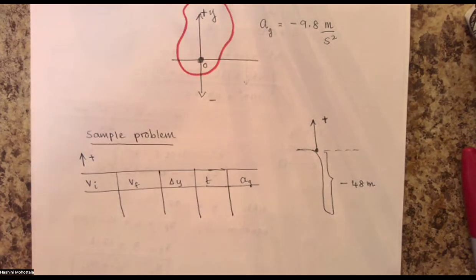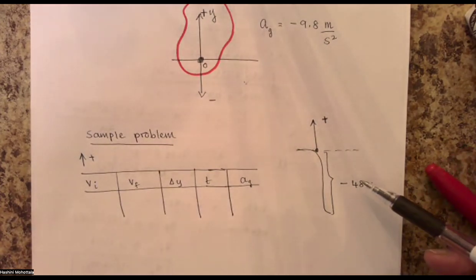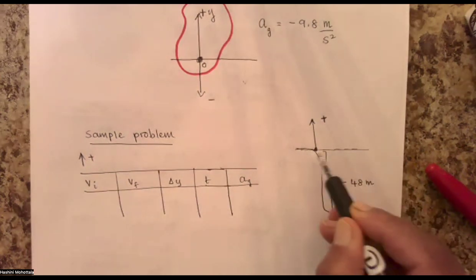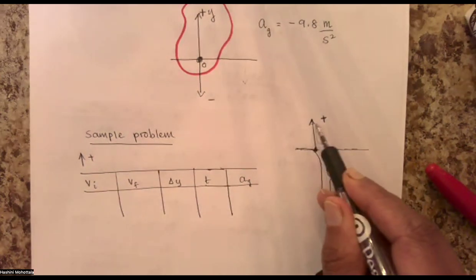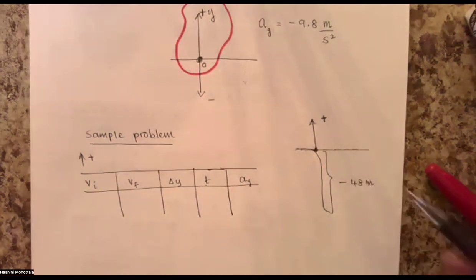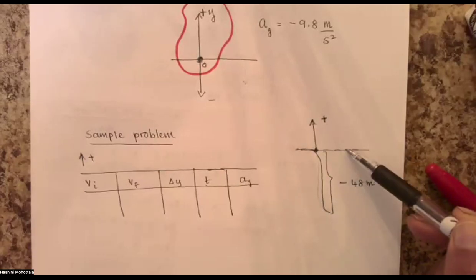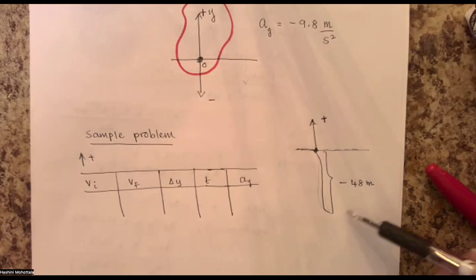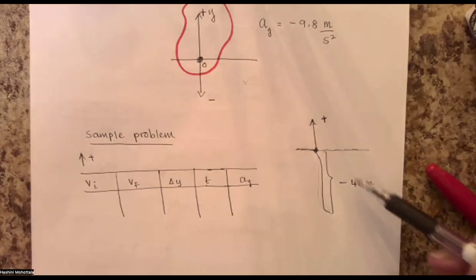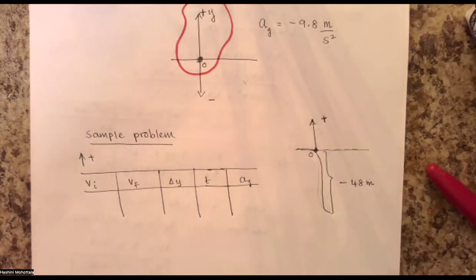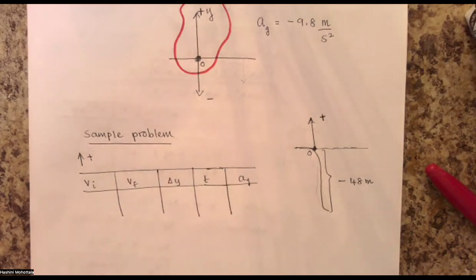Now you see in the picture that this is the baseline and this is the origin, and up is the positive direction and the water is falling downward. So the displacement of the steel ball is 48 meters, but as you can see, the measurements are done below the origin. Therefore, I have taken it as negative 48.